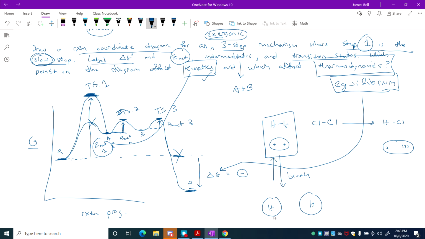It's a higher potential energy because with the atoms farther apart, there's the potential for them to get closer and reform the molecular orbital that stabilizes the electrons in a position where they can attract to both nuclei. So breaking a bond always goes up in potential energy, and forming a bond always goes down in potential energy.